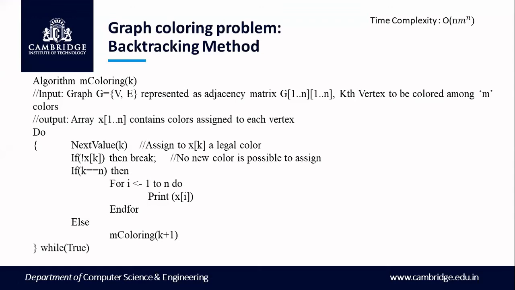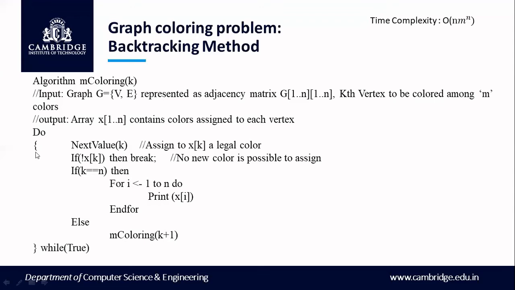At that time, we recursively call m coloring to go to the next vertex. For example, we have colored v1. Now we need to color vertex v2. When we have colored v1, vertex 1 is not equal to the nth vertex, so we go for the next vertex, v1 plus 1, that is v2.